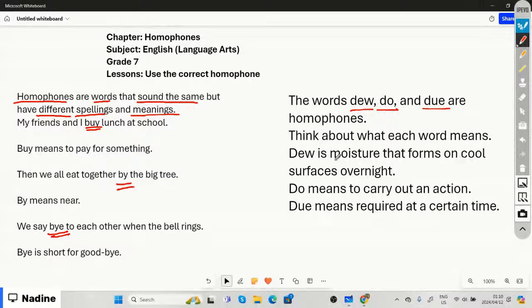As you can hear, they sound the same. The only thing that makes them different is that they are spelt differently, as well as the meanings of these words being different.